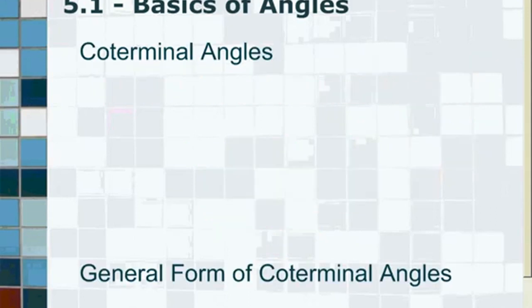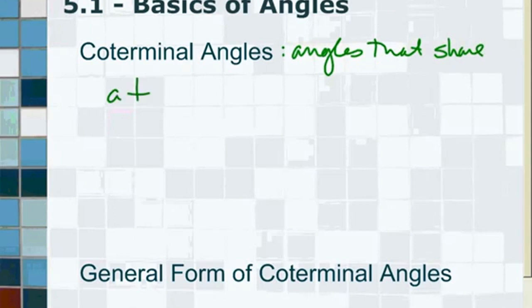Those are going to be called coterminal angles. Coterminal angles are angles that share a terminal side, hence the prefix co there.